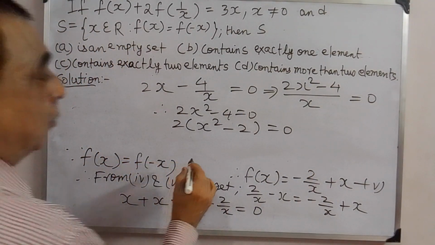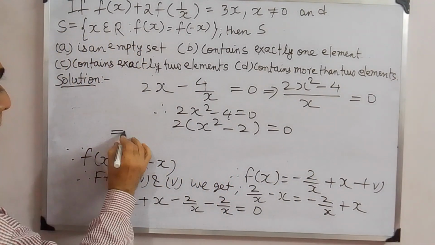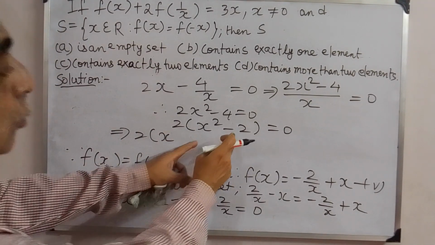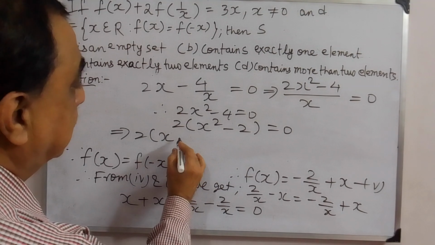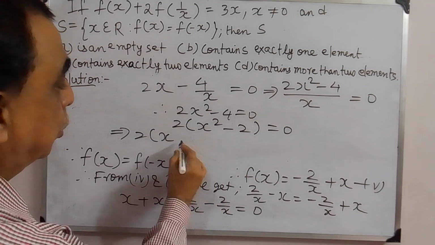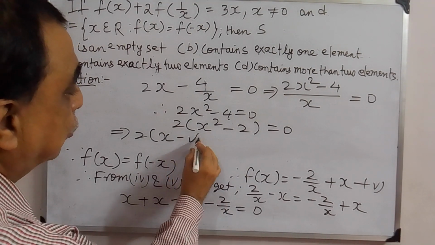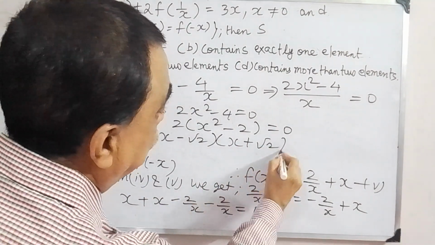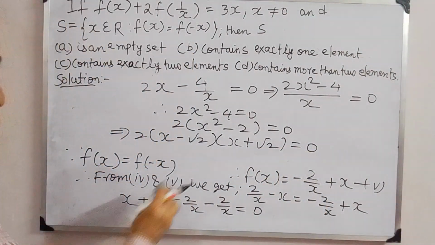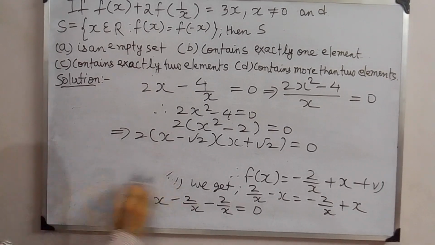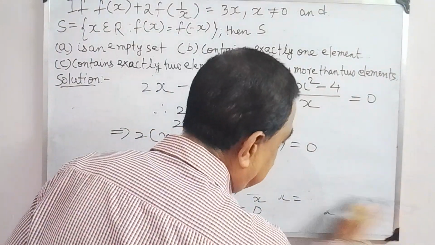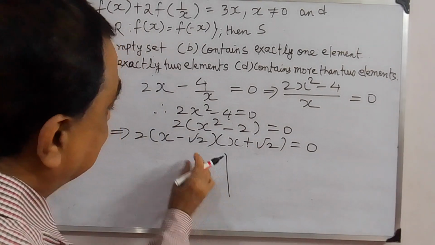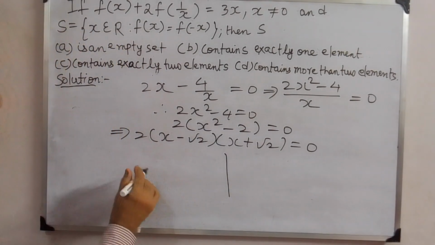Now this is a difference of two squares, which we factorize: x minus root 2 into x plus root 2 is equal to 0. Solving this, either this expression is 0 or this expression is 0.